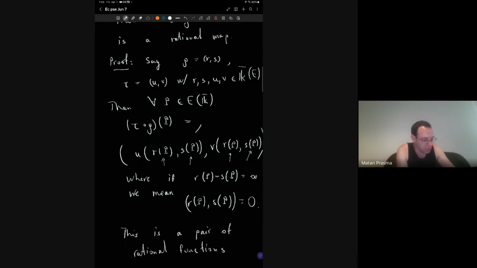One rational function is you take P and you take the evaluation u of r of P, s of P. In this coordinate, this is simply a rational function from E of K bar into P1. And also the second coordinate is a rational function.